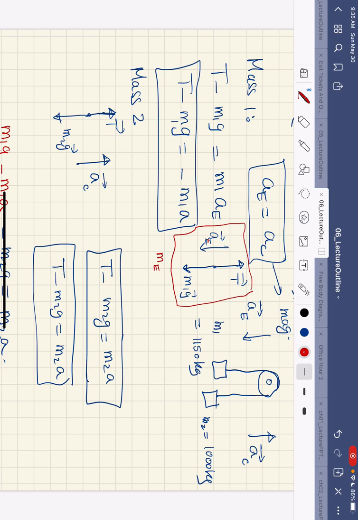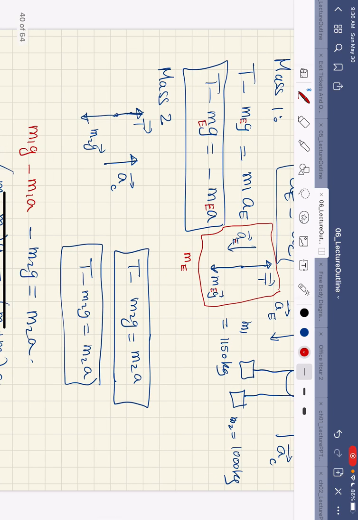Let me use ME. Now I have T upwards minus ME G downwards, and I have the acceleration downward. This is the reason why I'm going to put minus ME times A.